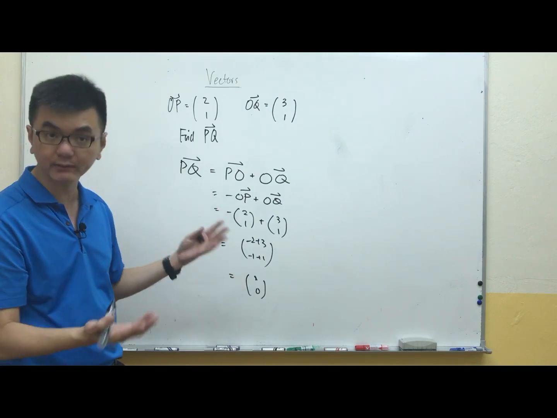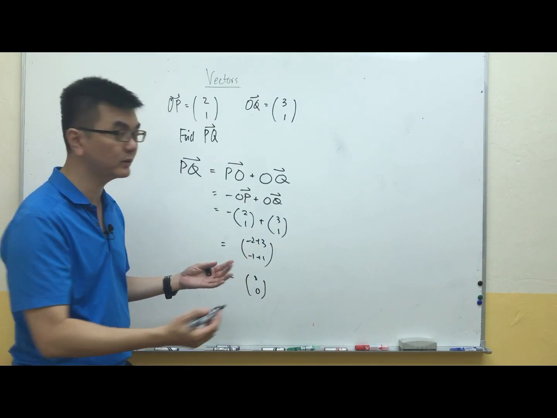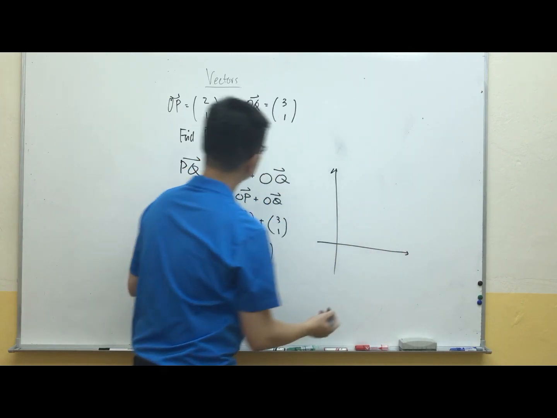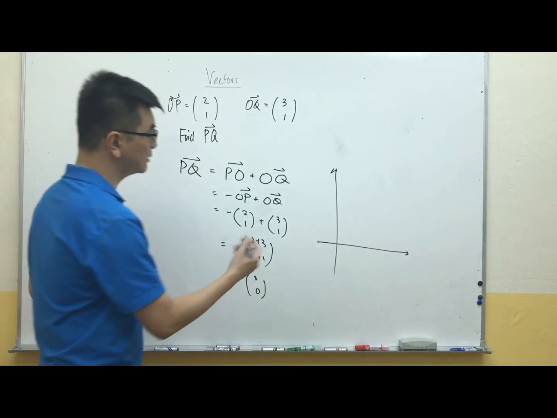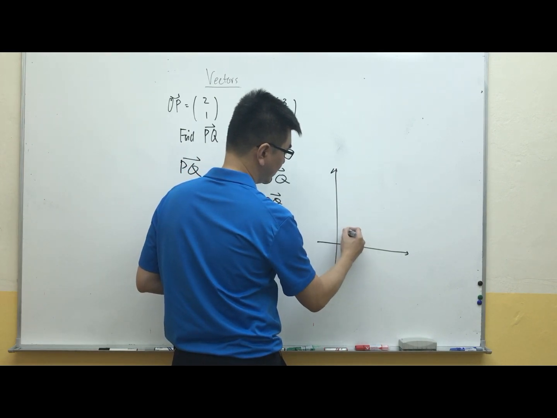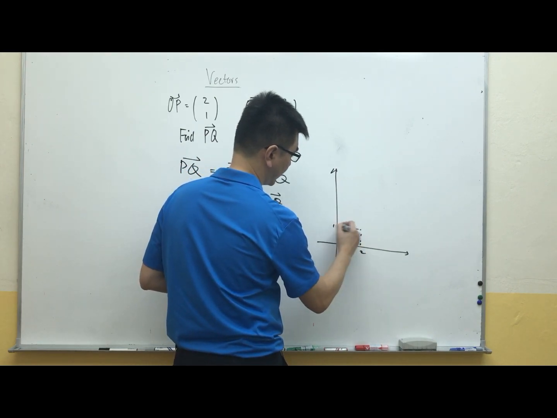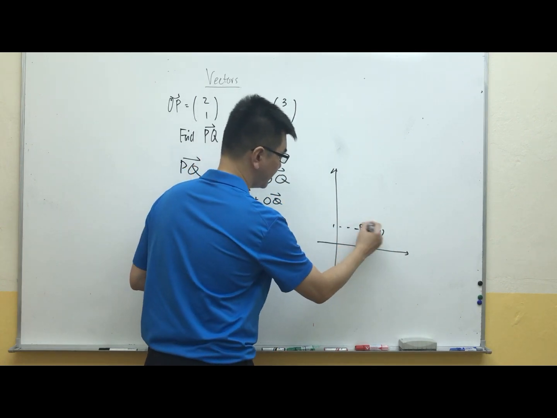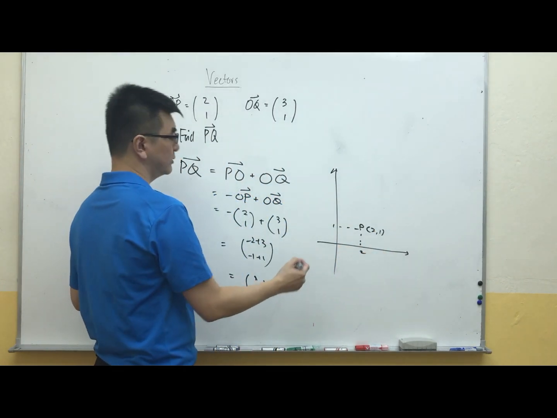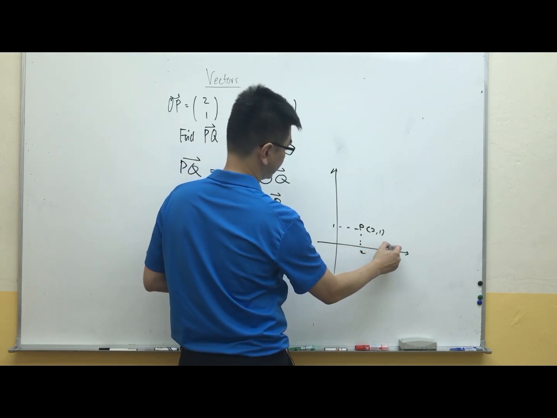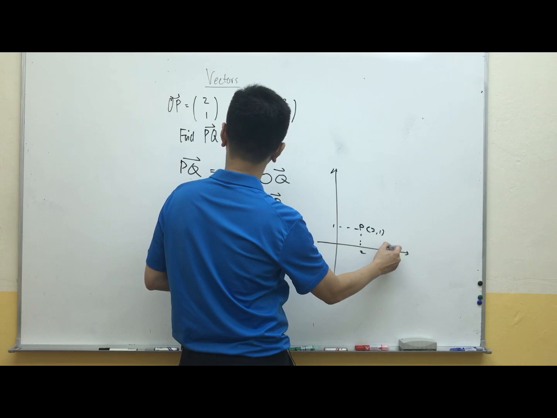Let's see how it is represented on a Cartesian graph. If we represent OP, (2, 1), that's point P. And I have Q, (3, 1).